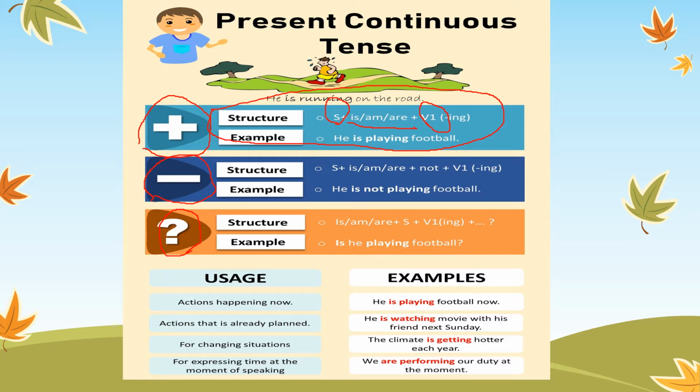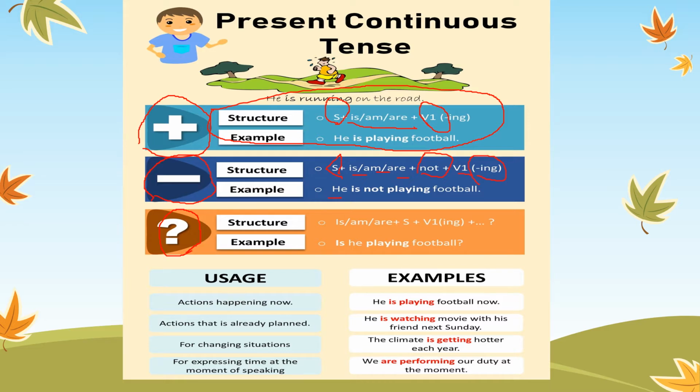Okay, and then the second one, the negative present continuous tense. Alright, it is almost the same as the positive, you just put the word not. So the subject he, and then verb be: is, am, are, and then the word not because it is negative, and then verb plus ing.